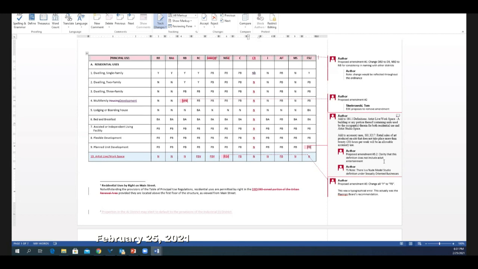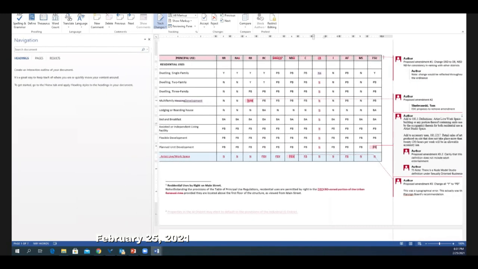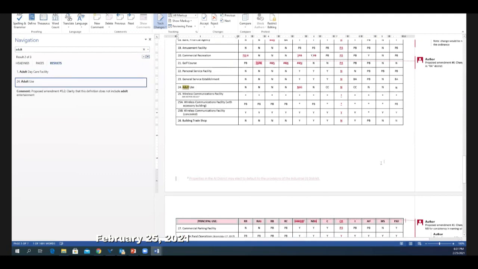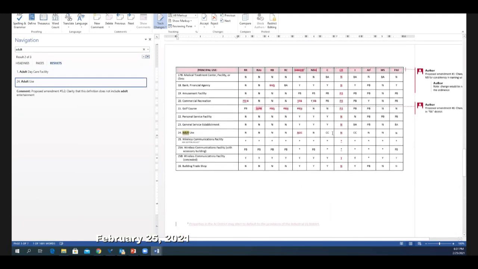So it wouldn't be considered an artist live work. It would be considered a nude model studio, and as such would be restricted by the definition of adult use in our zoning, which is basically by the city council in the commercial and industrial districts.